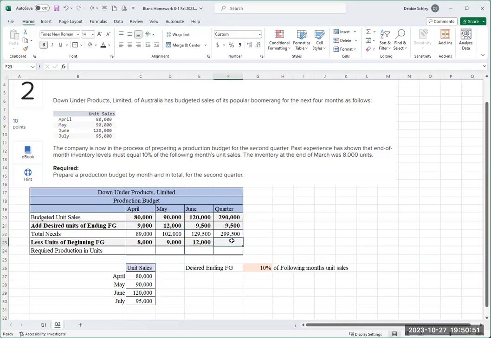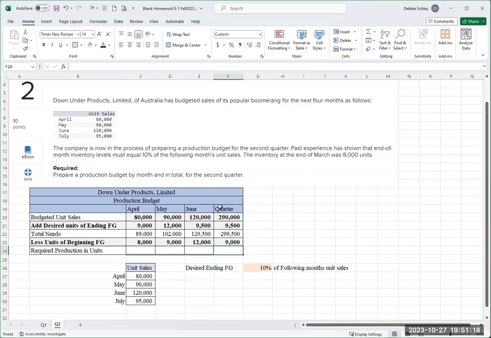Okay, now here we have to be careful again, because this wants the beginning finished goods of the quarter. So that is going to be equal to the beginning finished goods of the first month in the quarter. So be really careful that you're not just adding across, because it's ending and beginning of the quarter.